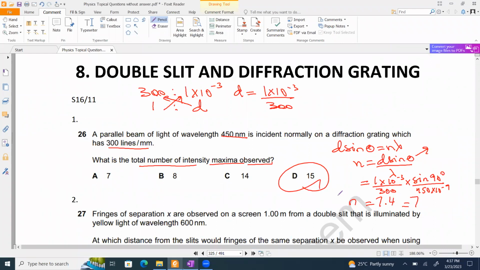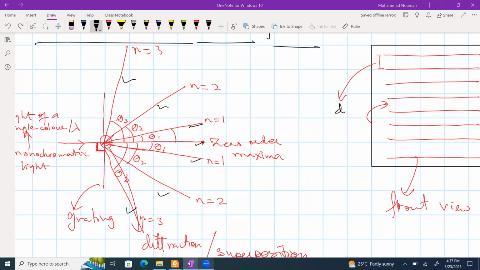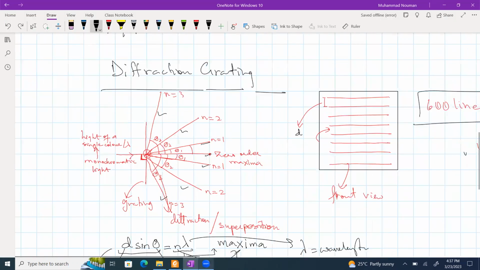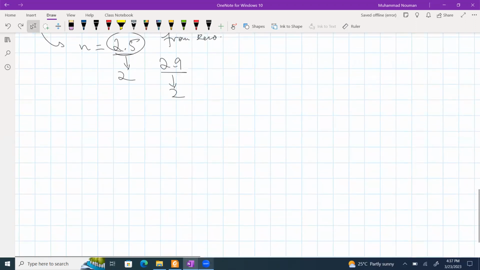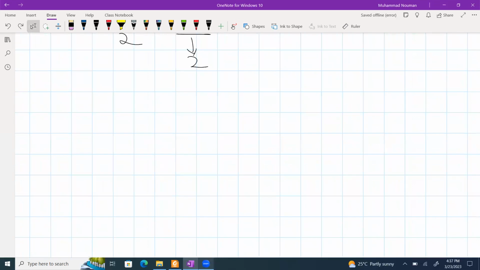This was one of the example questions that we solved, but the diffraction grating is not enough, because sometimes they give you the diffraction grating and tell you that the light passing through the grating is not monochromatic, but white light.